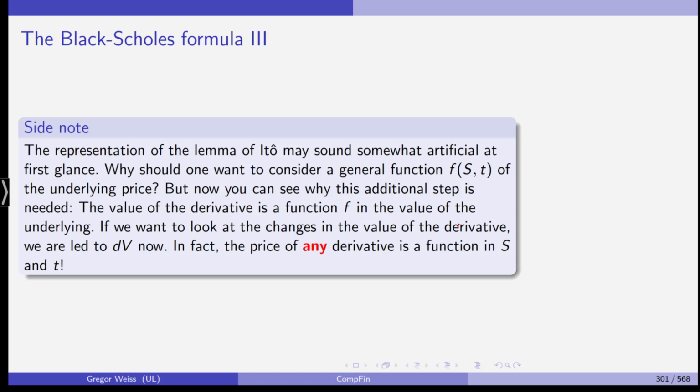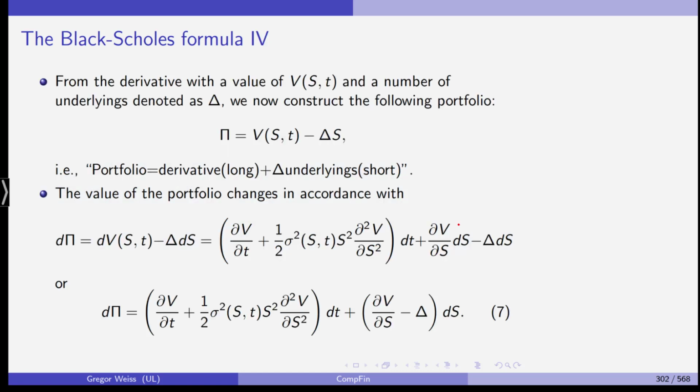So next, we have made our assumption of a diffusion process for the stock price. We've used Ito's lemma to see that the derivative price is again a diffusion process, but with a slightly different diffusion and a slightly different drift. And we now construct the following portfolio. The portfolio is called pi. It's one derivative long.